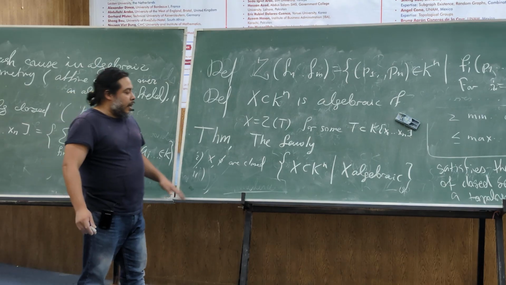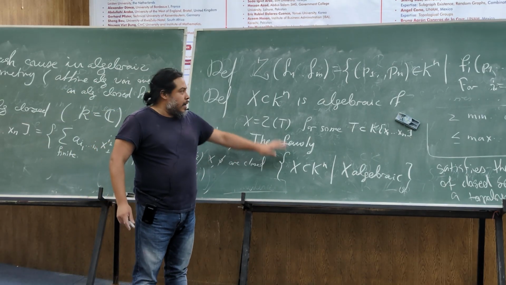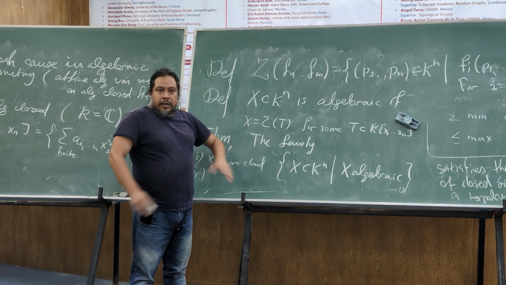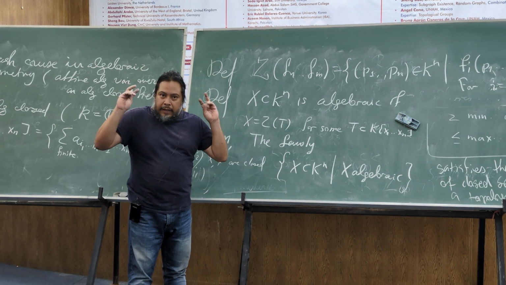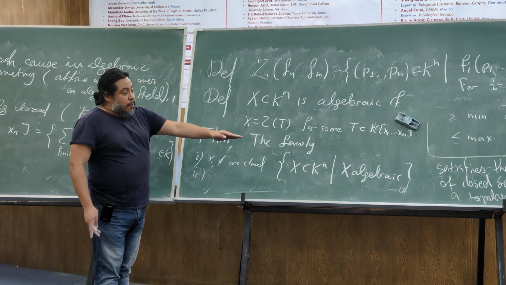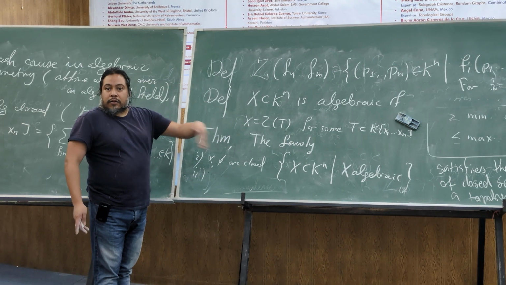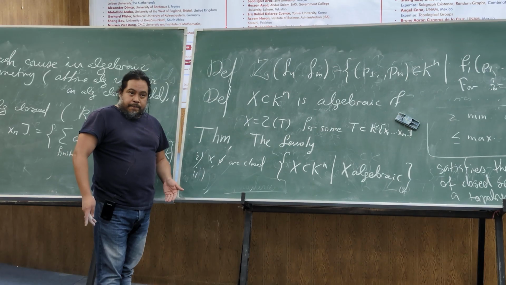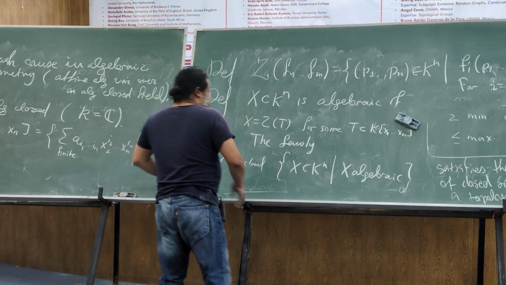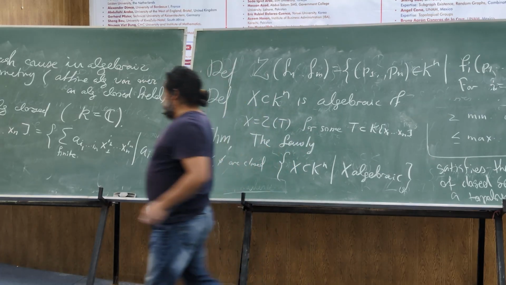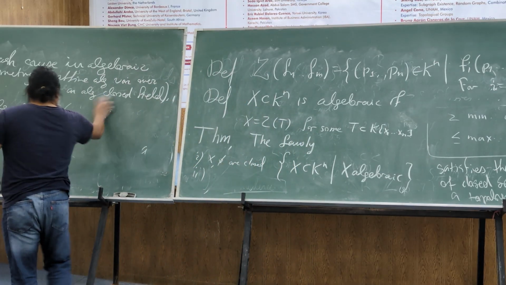What I'm telling you is that if you take the family of algebraic sets inside K to the n to be the family of closed sets, they are going to follow these axioms. This topology on K to the n is called the Zariski topology. Okay? So the affine space is the pair. Let me define it.